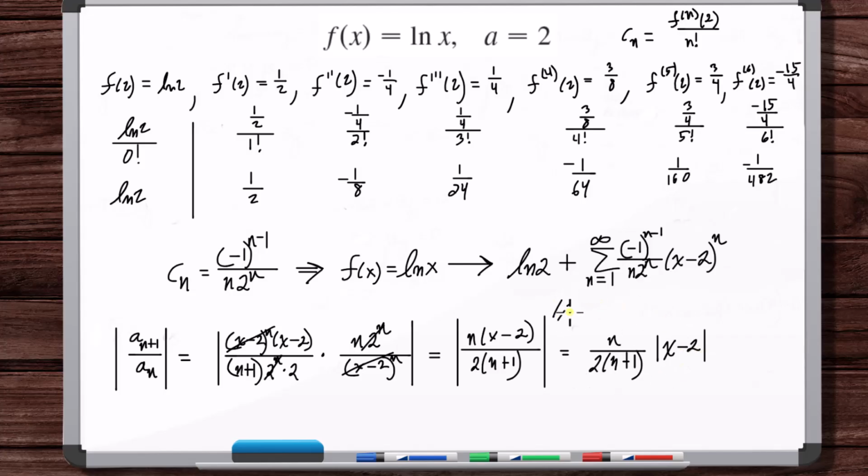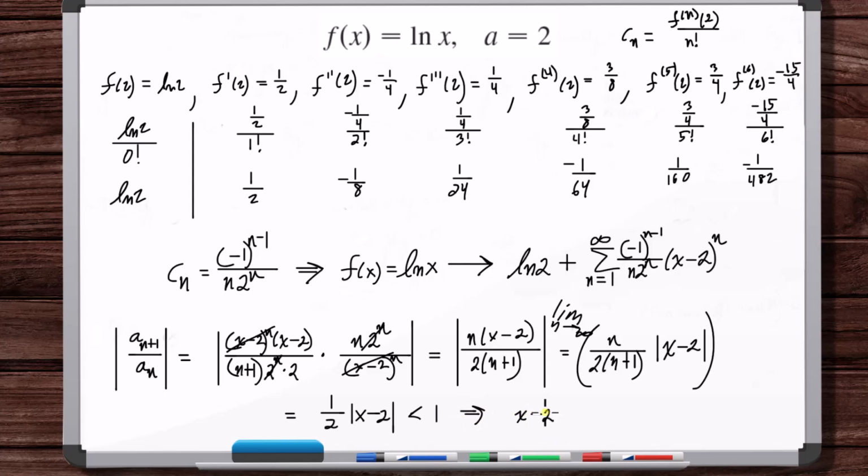So, okay, we've got the limit as n approaches infinity. We can see this is going to go to 1/2. And then nothing happens with the x minus 2. There's no n there. So this is equal to 1/2. Okay, now this needs to be less than 1.